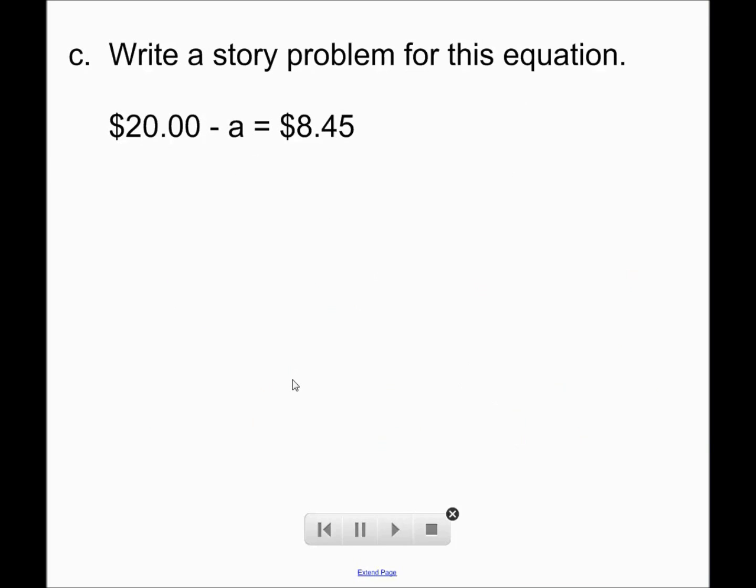Let's do this again. Let's write a story problem for this equation. All right, I wrote one and decided to be a little bit original here, get away from the whole clerk idea.